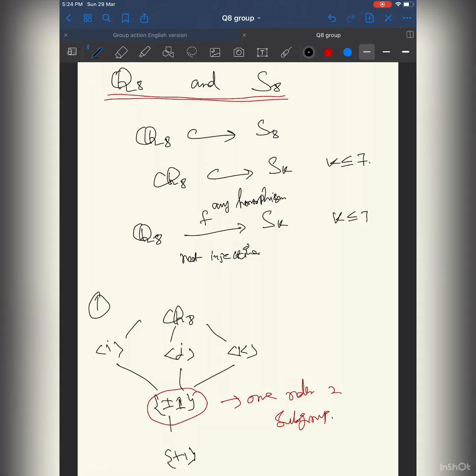Now I want to prove that any such homomorphism is not injective. In group actions, it is easy to see that G acting on a set S is the same as giving a homomorphism from G to Sym(S), and vice versa.